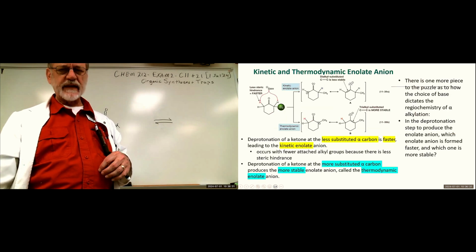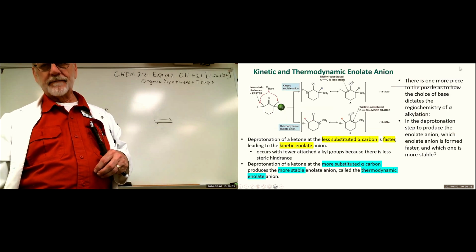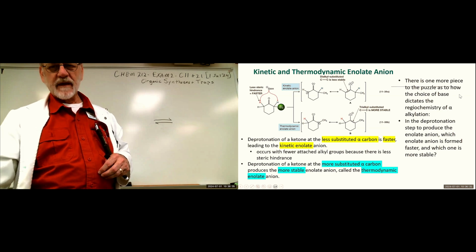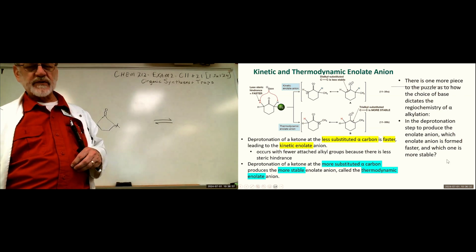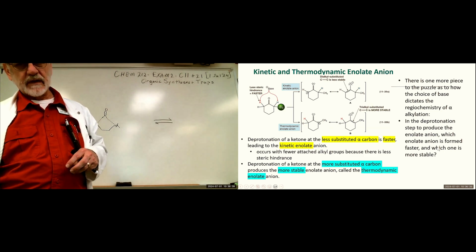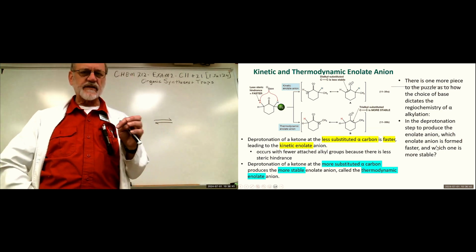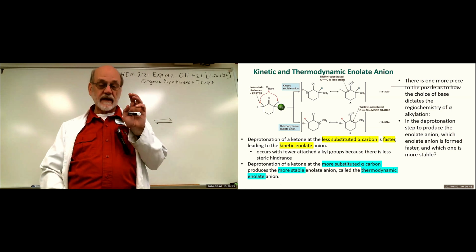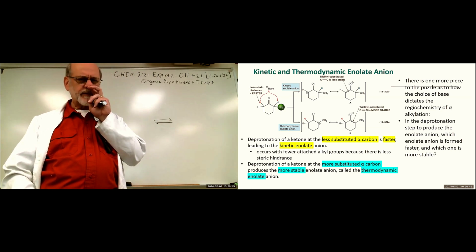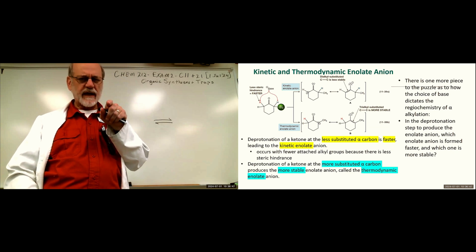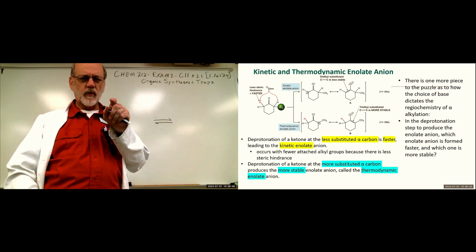All right, how does that feed into our discussion? There's one more piece to the puzzle. How the base dictates regioselectivity. In the deprotonation step to produce the enolate anion, which enolate is formed faster and which one is more stable?